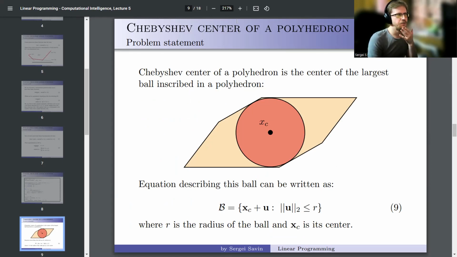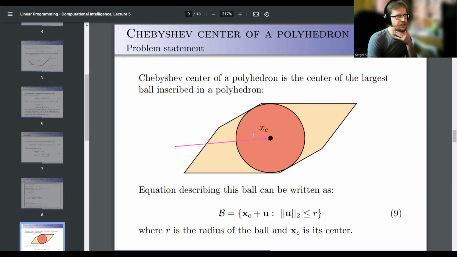The Chebyshev center of a polyhedron is defined as a point XC that is the center of the biggest inscribed ball inside the polyhedron. Okay. So the polyhedron is a polytope, just in high dimensions. We can say polytope, it's fine.